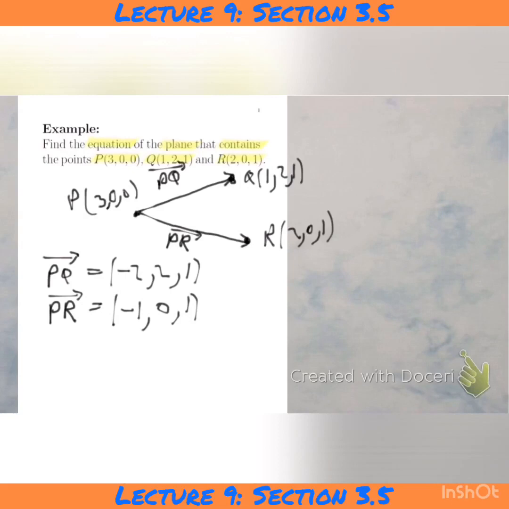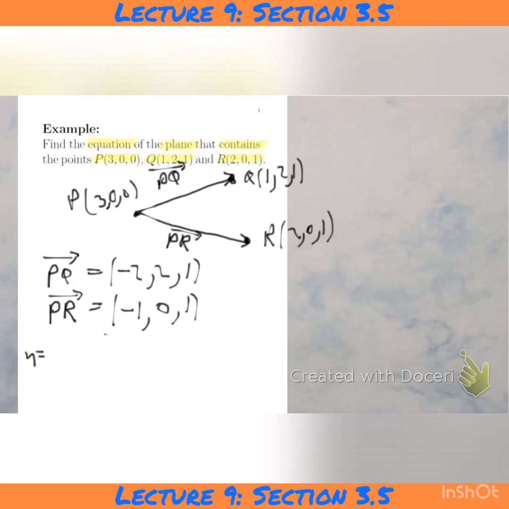Okay, so basically, if you take the cross product between the vectors, let's call that the vector n. If you take the cross product between PQ and PR, all right, let me just fix that.